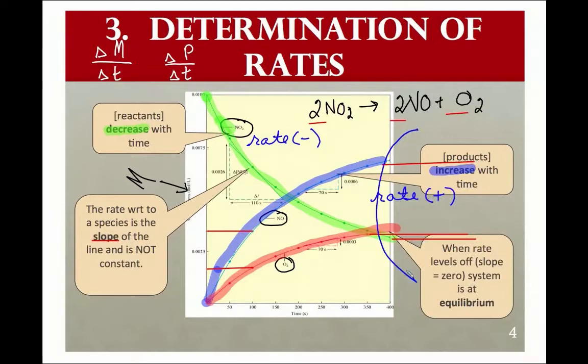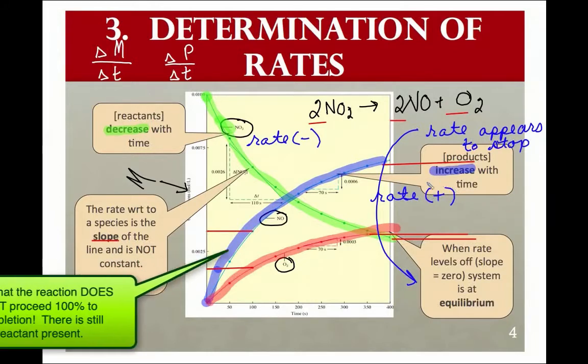So this here, where the rate appears to stop, is called a dynamic equilibrium. We saw that word equilibrium before. It's very hard to teach one without at least giving you a glimmer of the other.